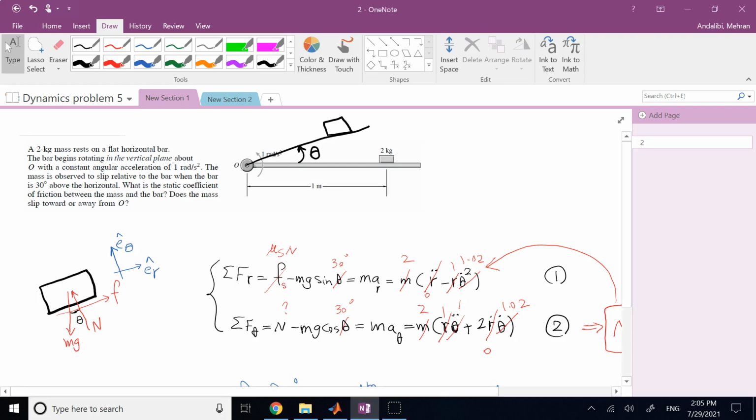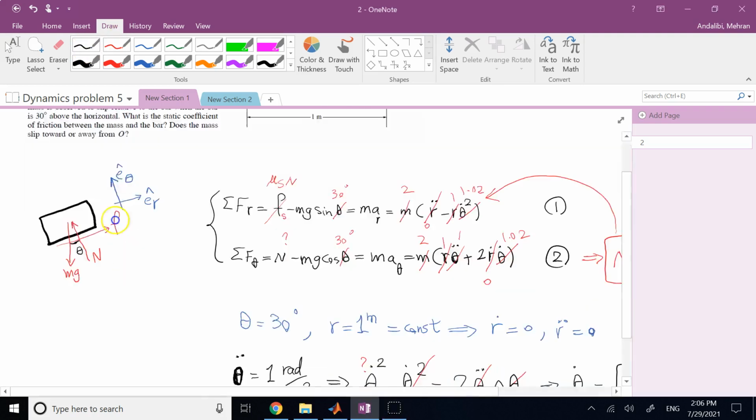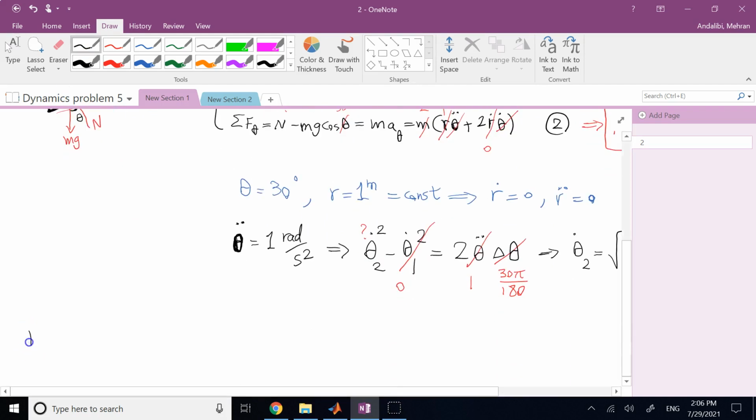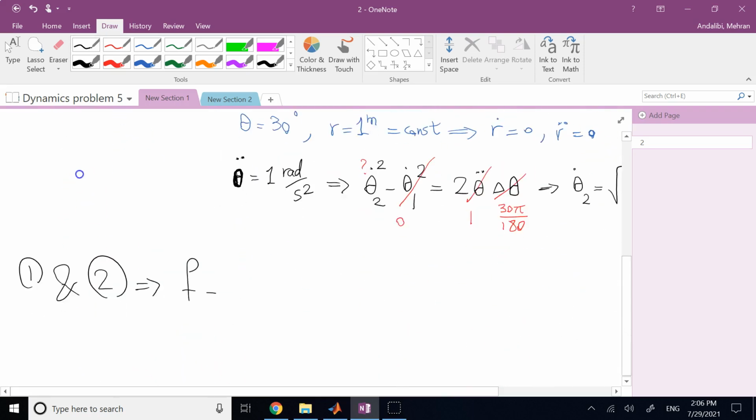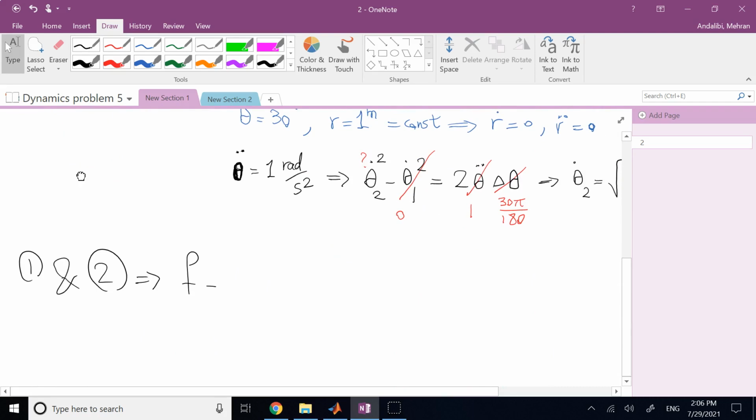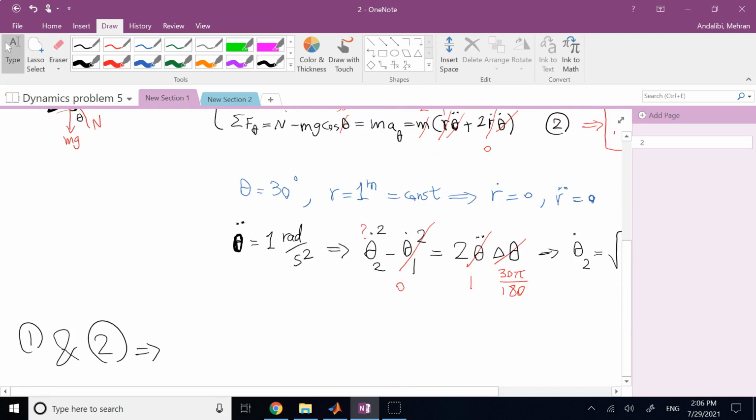If I combine equations 1 and 2, you'll get f, which is itself mu s times N, so I can replace it here.